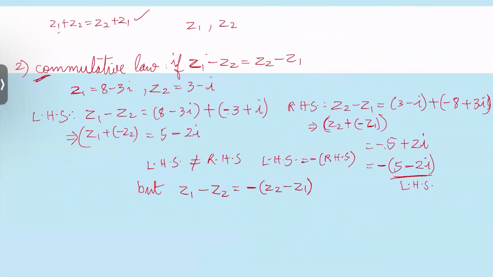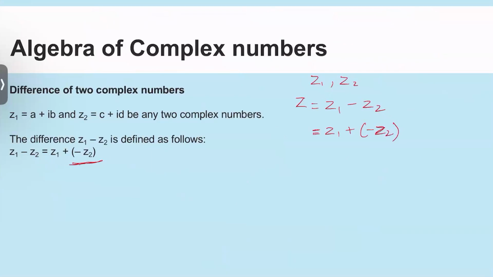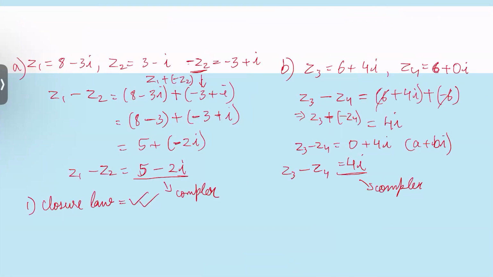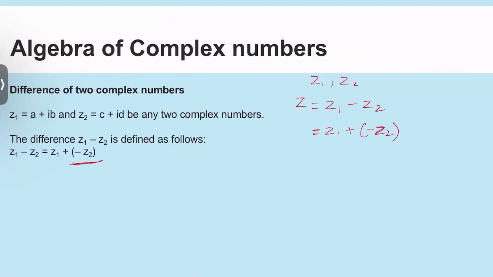If we see, we can see that the closure law is applied. Which one is satisfied? The closure law is satisfied, obviously, because the difference between two complex numbers gives you a complex number itself.